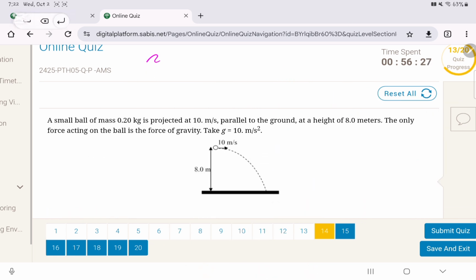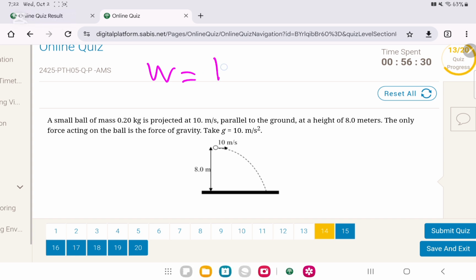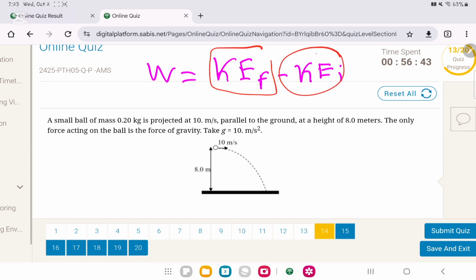I'll repeat it again. We have the work energy theorem, which states kinetic energy final minus kinetic energy initial. We need to find the kinetic energy final. So to find it, we move the kinetic energy initial to the other side, and now we have work plus kinetic energy initial is equal to kinetic energy final.